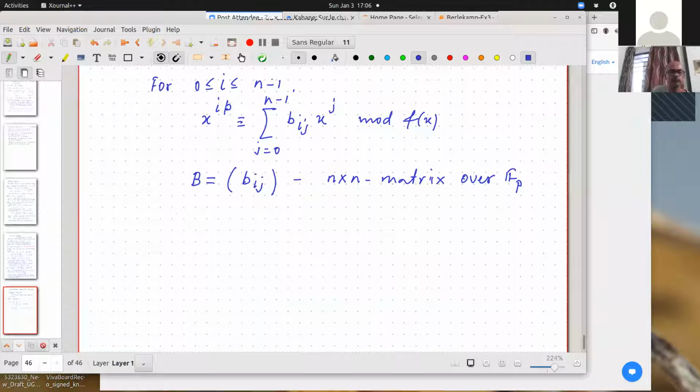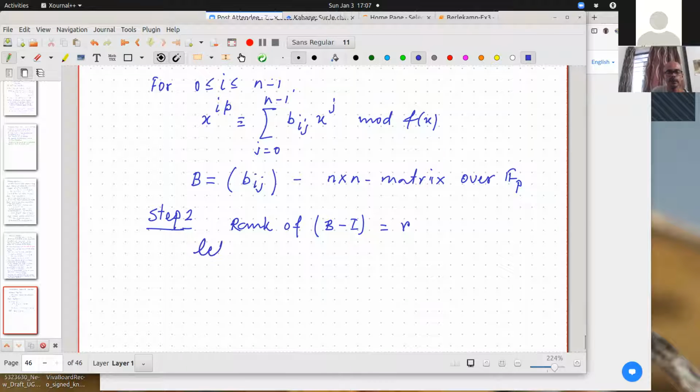Step 2 would be to look at the rank of B minus I. Suppose that is r, then let k equal n minus r.